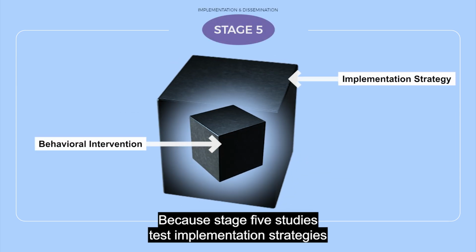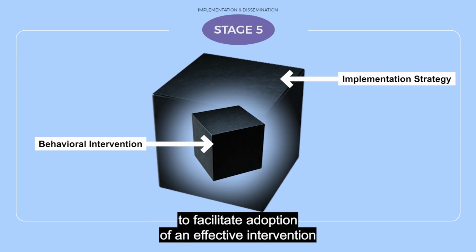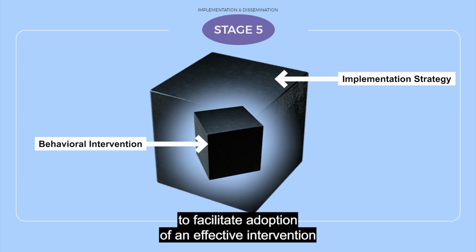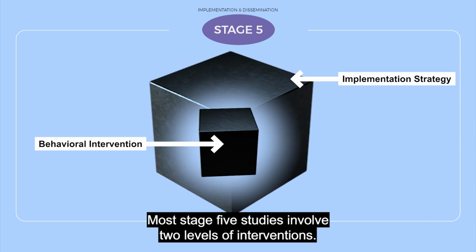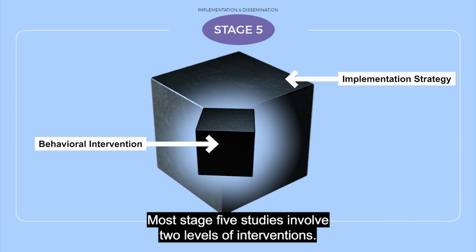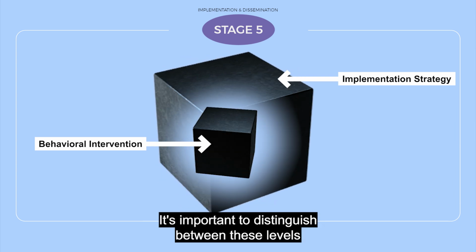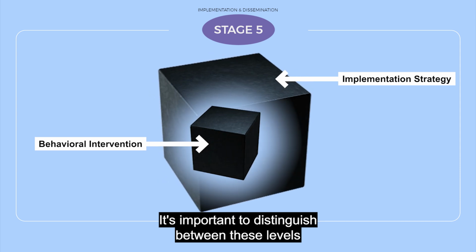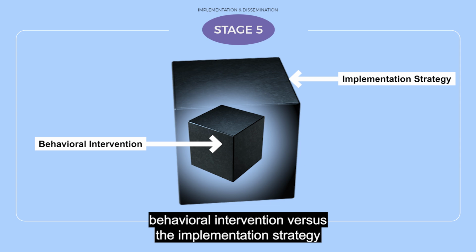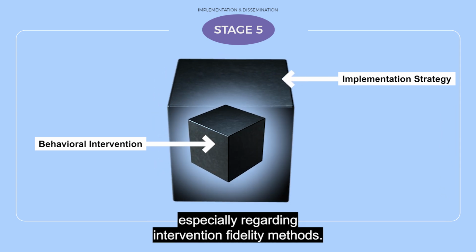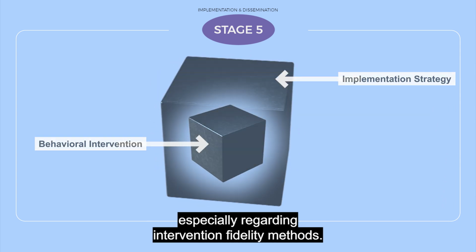Because Stage 5 studies test implementation strategies to facilitate adoption of an effective intervention in the community organization or health system, most Stage 5 studies involve 2 levels of interventions. It's important to distinguish between these levels: the effective behavioral intervention versus the implementation strategy for that intervention, especially regarding intervention fidelity methods.